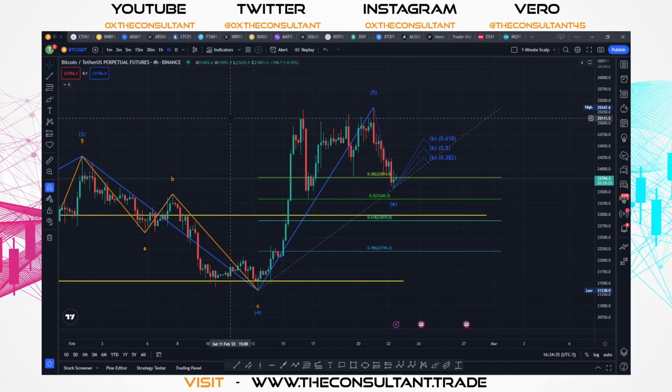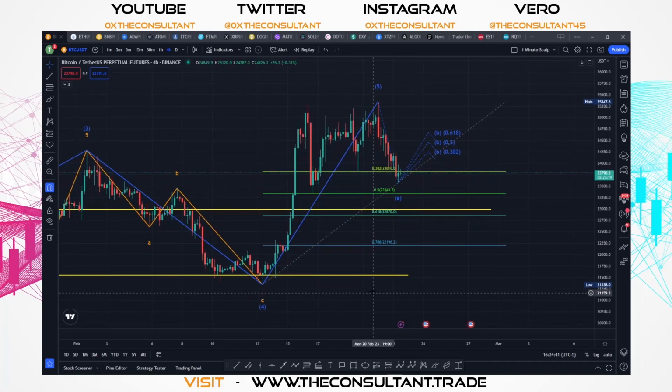So, starting with the Bitcoin 4-hour chart. This is kind of what I was looking at this morning. This is not a sell-off. Maybe it's a small sell-off, but I think a lot of people are mixing a sell-off with a large move to the downside.